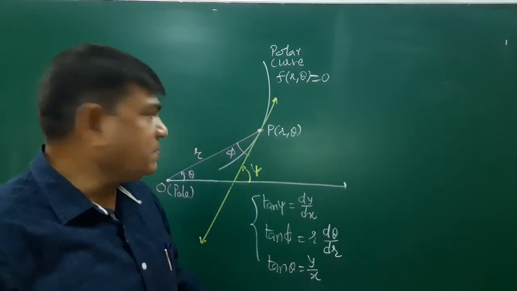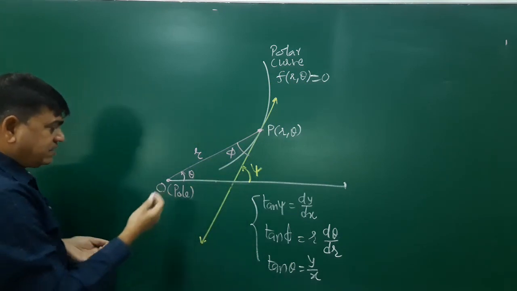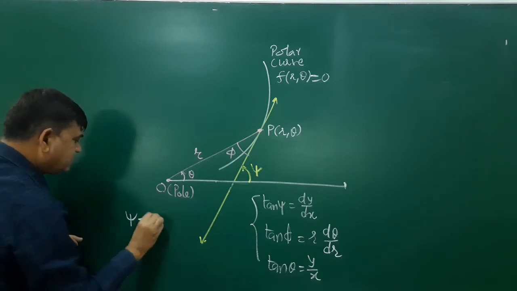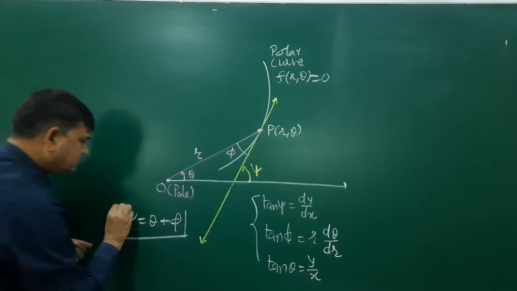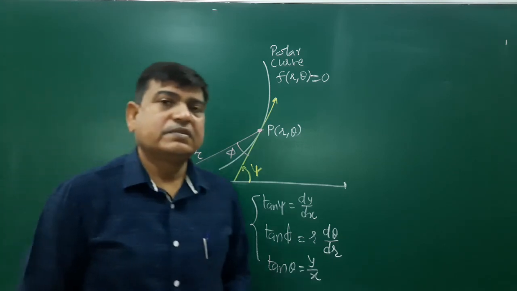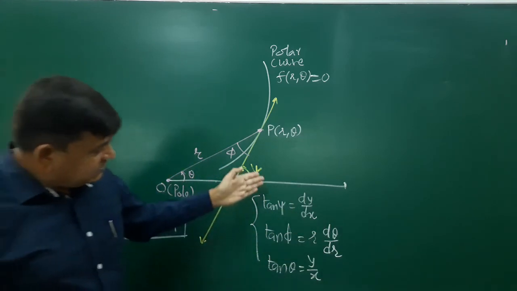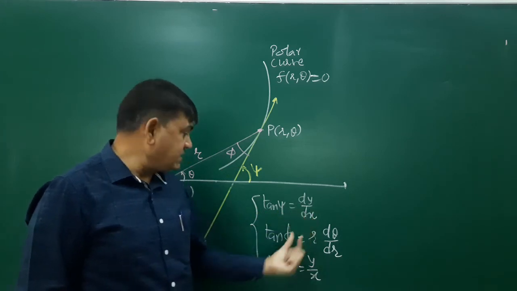Okay, so you know that these three angles are very important, and the relationship is psi equals theta plus phi. These are the values. Tan psi is the slope of the tangent, that is dy by dx.